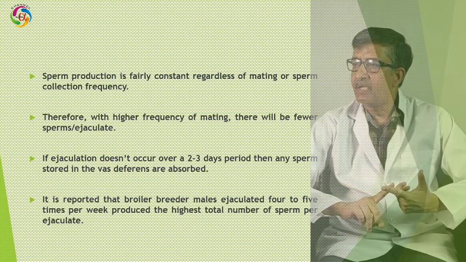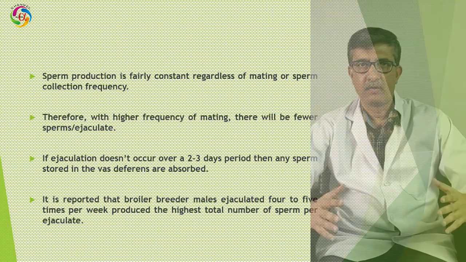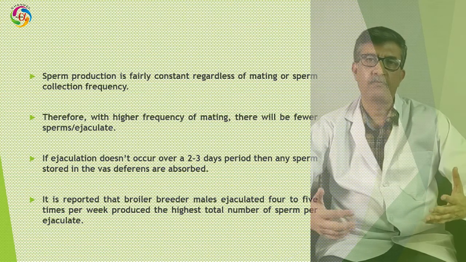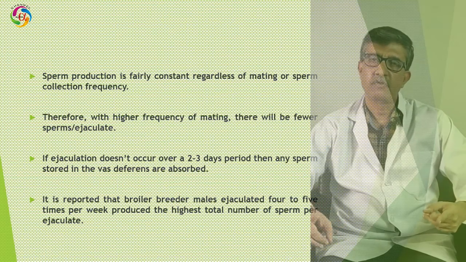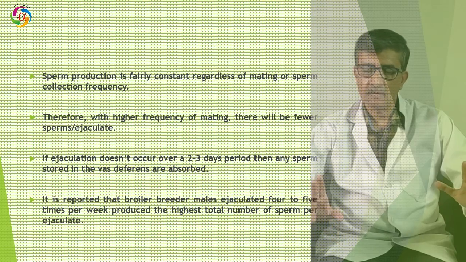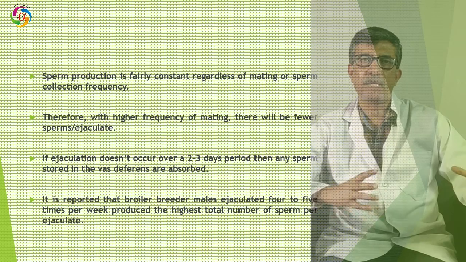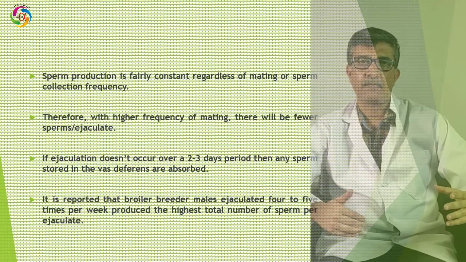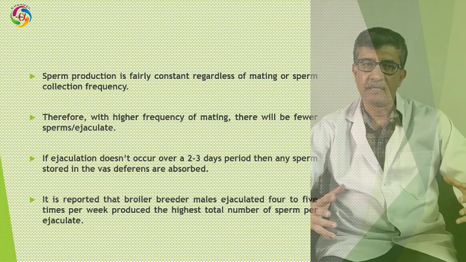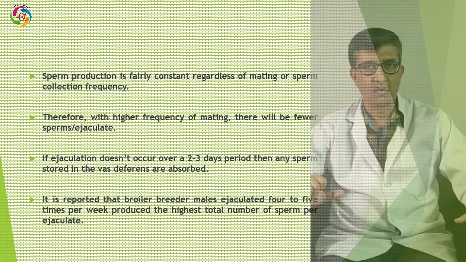If ejaculation doesn't occur over a period of 2 to 3 days, or sperm is not collected from breeder birds over 2 to 3 days, the stored spermatozoa will be absorbed in the vas deferens. That means it is not like that if sperm is not collected for a prolonged period or mating has not been done for a longer period, the total spermatozoa count will increase exponentially. It is not like that.